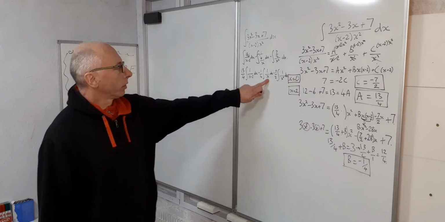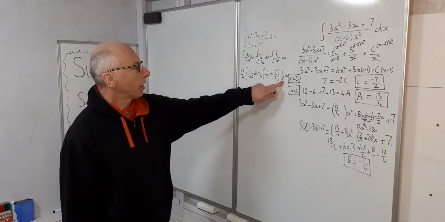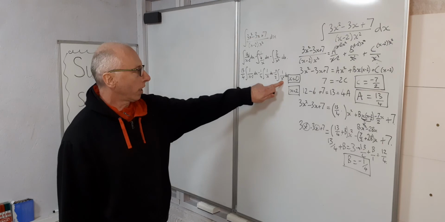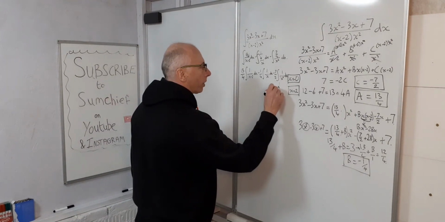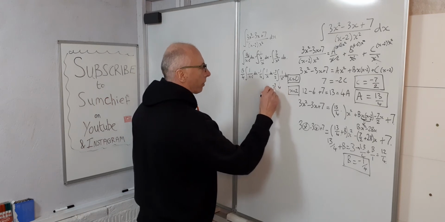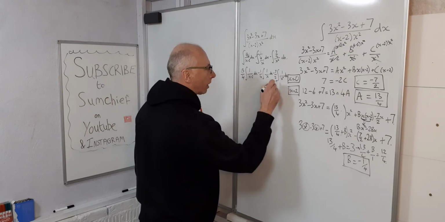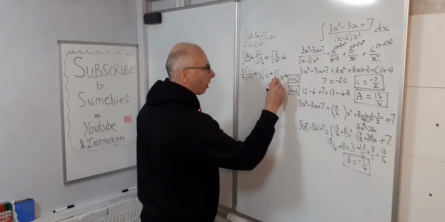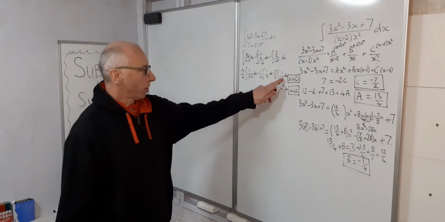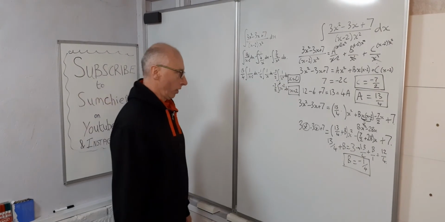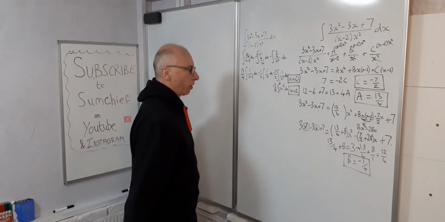Okay, so this is quite nice. These are going to be natural logs, so with absolute values. This one we can just change the integration a little bit. We'll just go down the line a little bit here. So if we bring minus 7 over 2, just cross that out, make it a little bit easier. Integral x to the minus 2 dx. X to the minus 2, same as 1 over x squared, so that's good. So when integrating, increase the power by 1, divide by the new power.